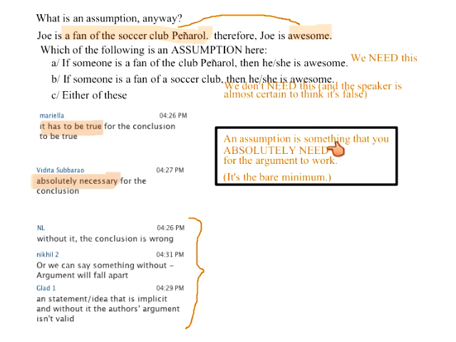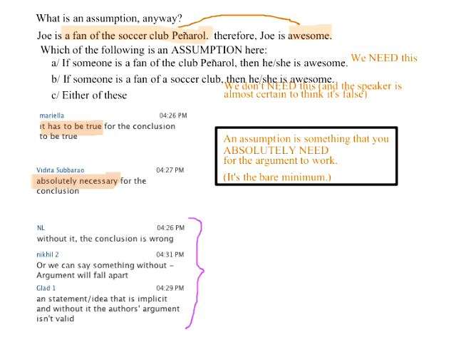If you say, I need 300 calories a day to stay alive if I'm out in the wilderness, that means if I don't get 300 calories per day, then I will die. Or if you need to do all the papers to pass a class, that means if you don't do all the papers, then you will fail the class. So this is another way of defining what the word need means.